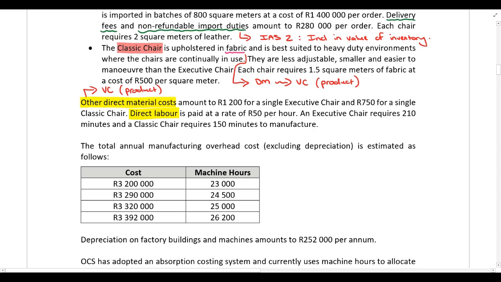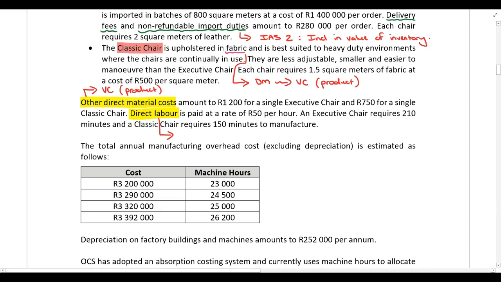And then for direct labour, remember with labour you can't just always assume that the cost is variable, because especially in an environment like South Africa, if production volumes decrease, you can't just get rid of your employees, and then when production volumes increase, get your employees back again. It doesn't work like that. You normally have to pay your employees regardless because they are full-time employees.